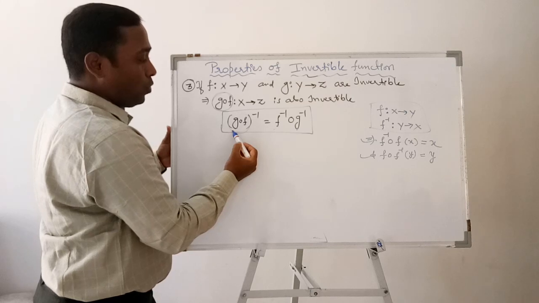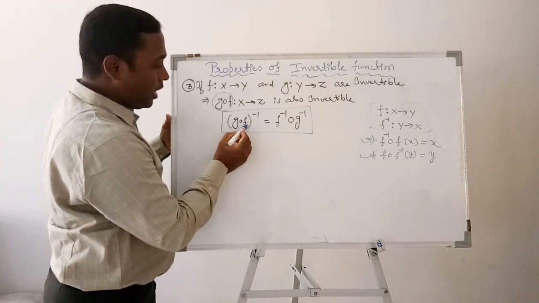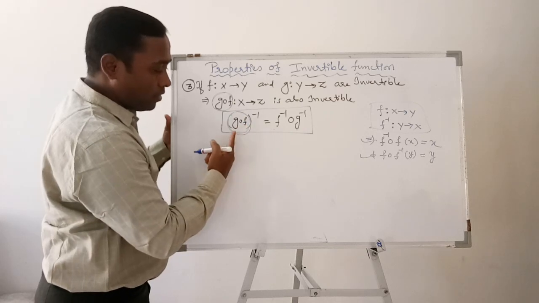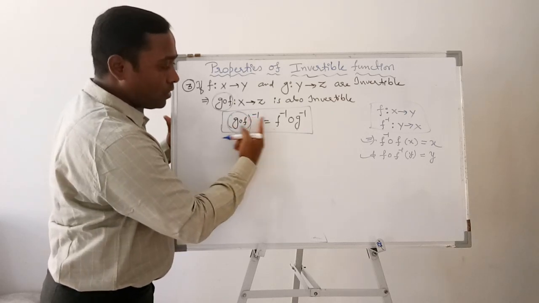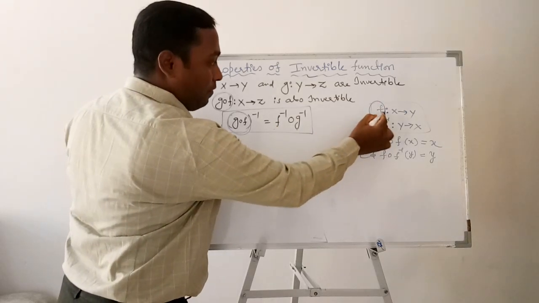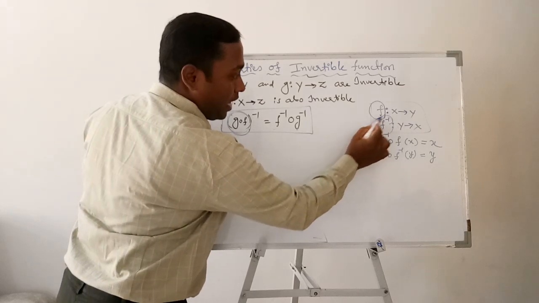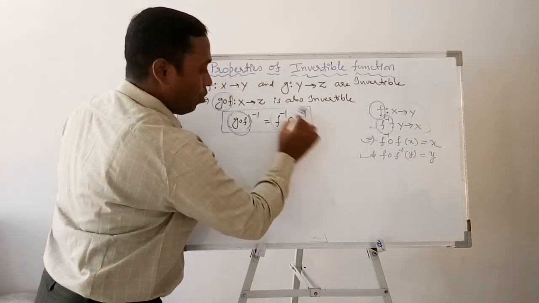We are going to prove this statement is always true by considering g circle f as a single function whose inverse is given by this. So here, in place of f we have g circle f, and in place of f inverse we have this operation.